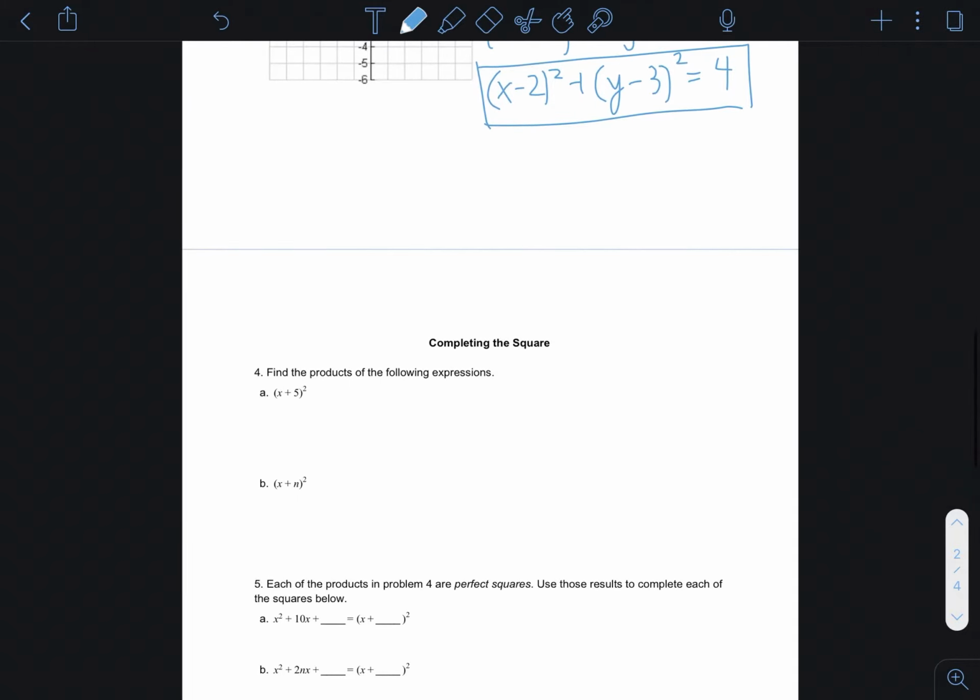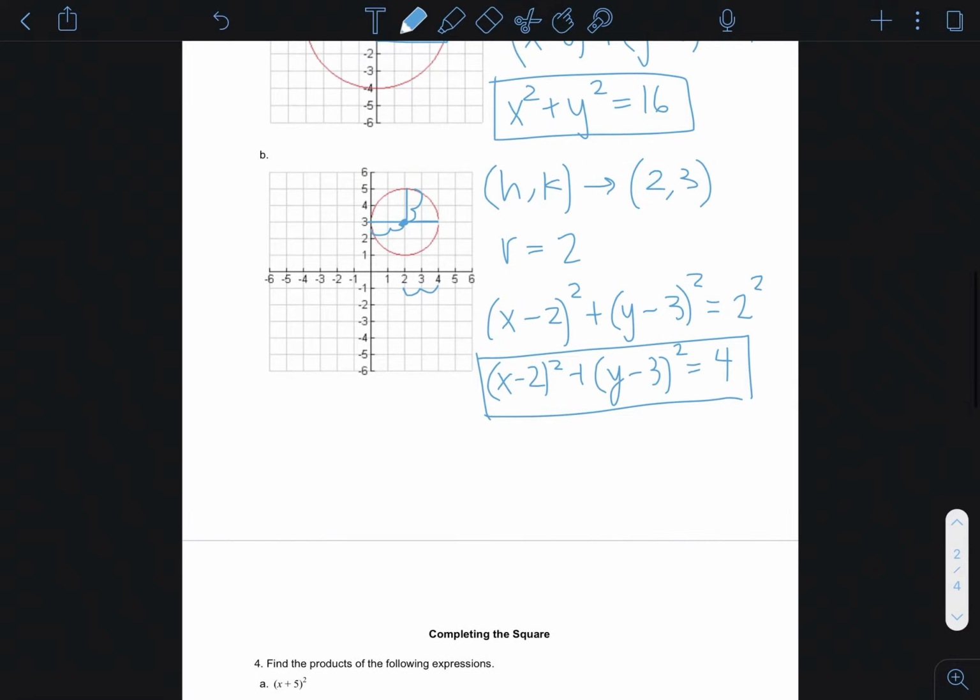All right, now we have seen the general form of a circle before when we were classifying between ellipses, hyperbolas, parabolas or circles. Remember, they have the same coefficient. Their coefficients are equal and same signs.